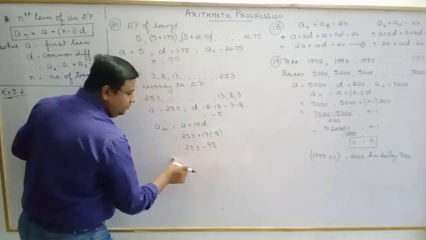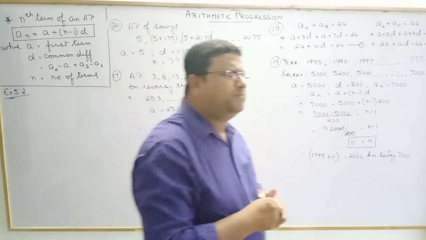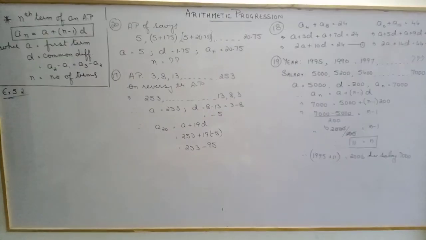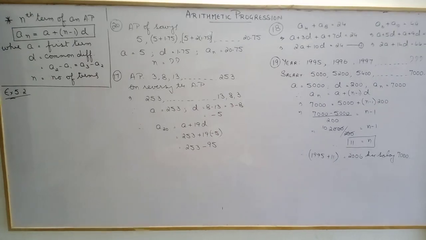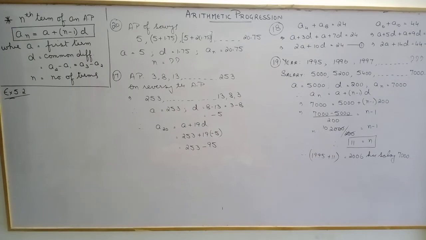Can we subtract it? You just don't have to do anything. It is just simple addition and subtraction of the terms. There is nothing much you can do. These are simple questions, nothing else. Clear? Just simply solve it. 253 minus 95 will give you the 20th term from the last term.